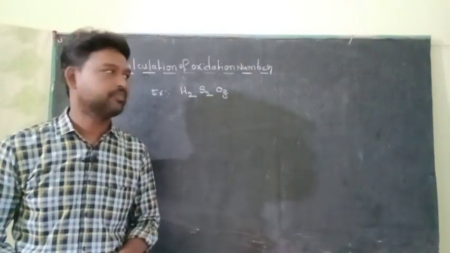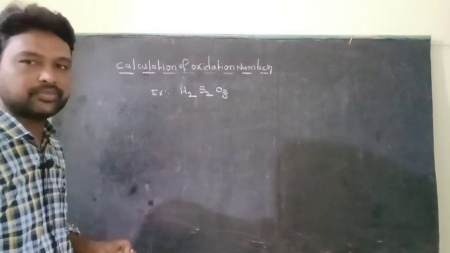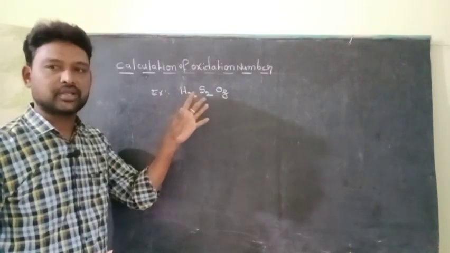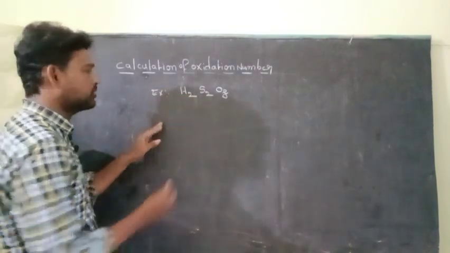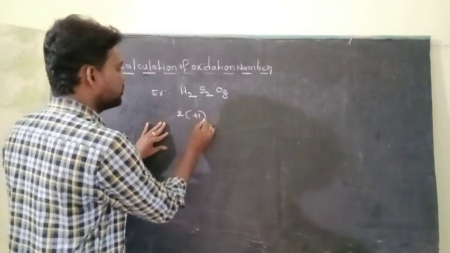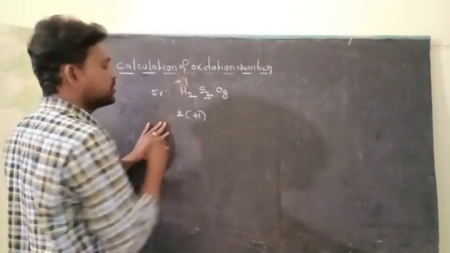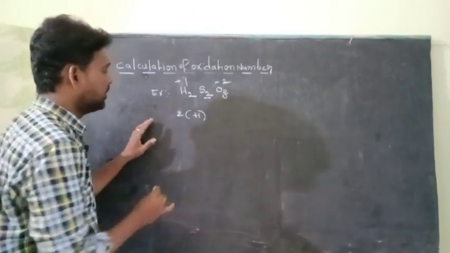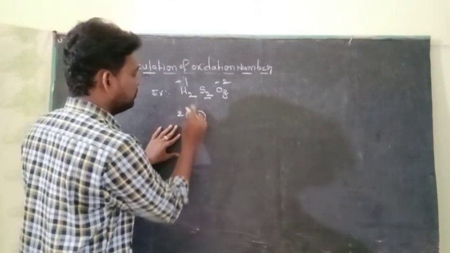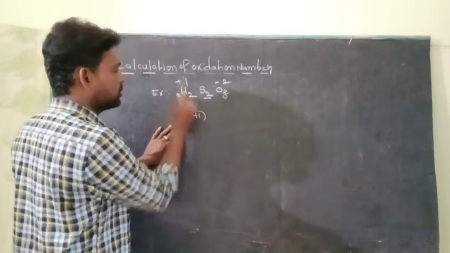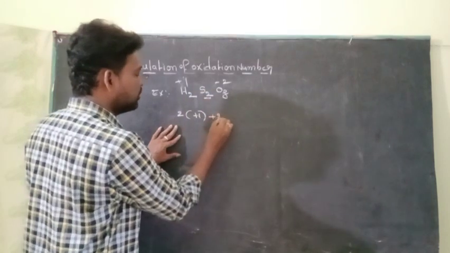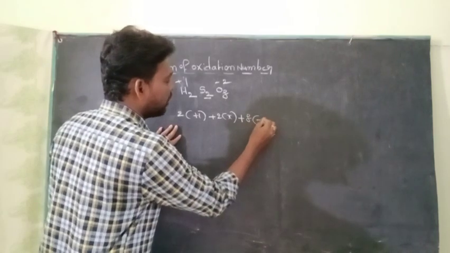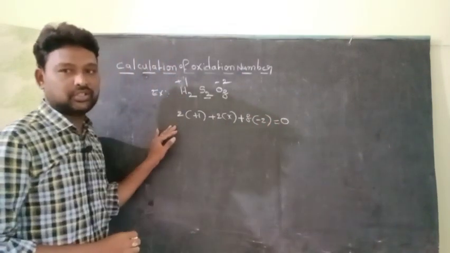That is the question. You already know how to calculate the oxidation number of a given compound. Hydrogen oxidation number is plus 1, oxygen is minus 2. So 2 into plus 1 for two hydrogen atoms, plus 2 into x for two sulfur atoms, plus 8 into minus 2 for eight oxygen atoms, equal to 0.